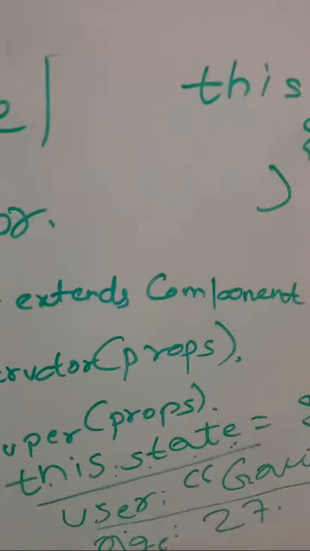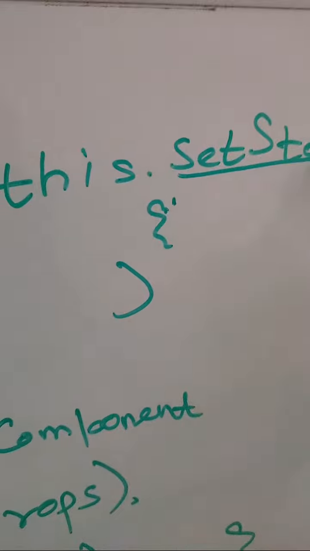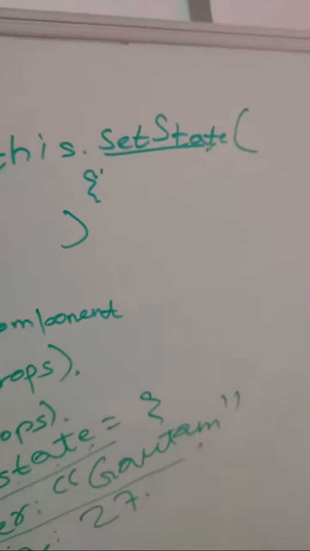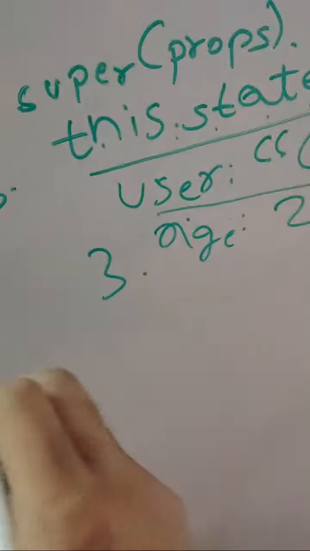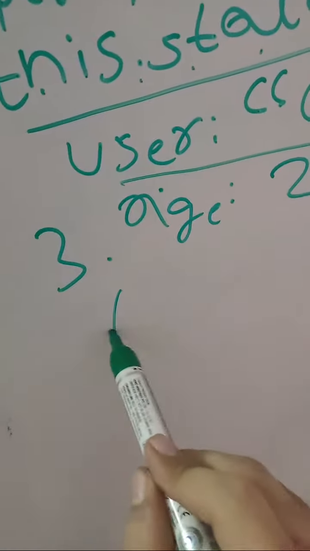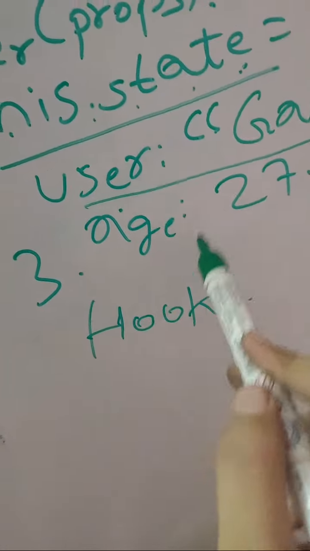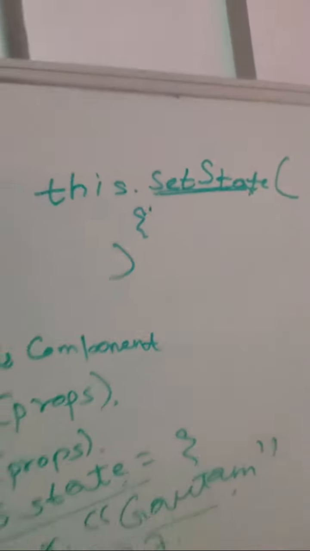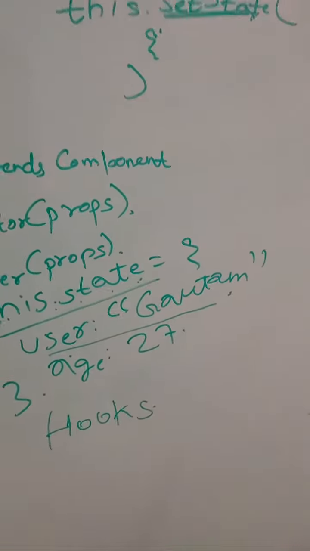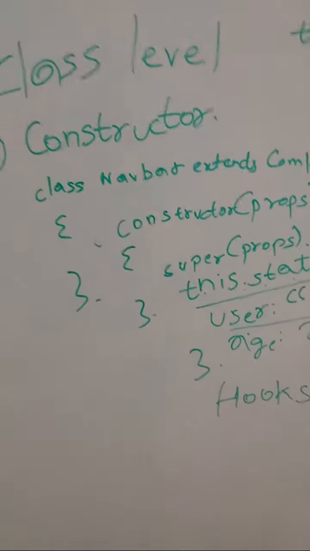So in this way, guys, you manipulate the value of the state by using setState. As we saw, in functional components we used hooks, while here we are using setState to manipulate the state. So these are the two basic differences, guys, I wanted to illustrate in this video: how to declare the state and how to manipulate it as well.